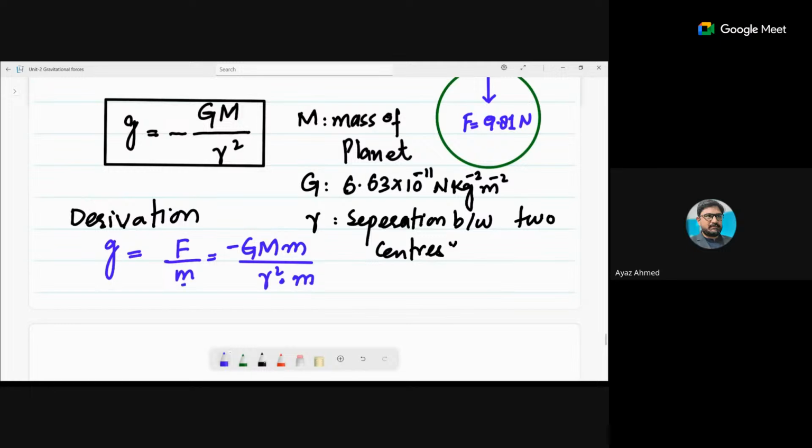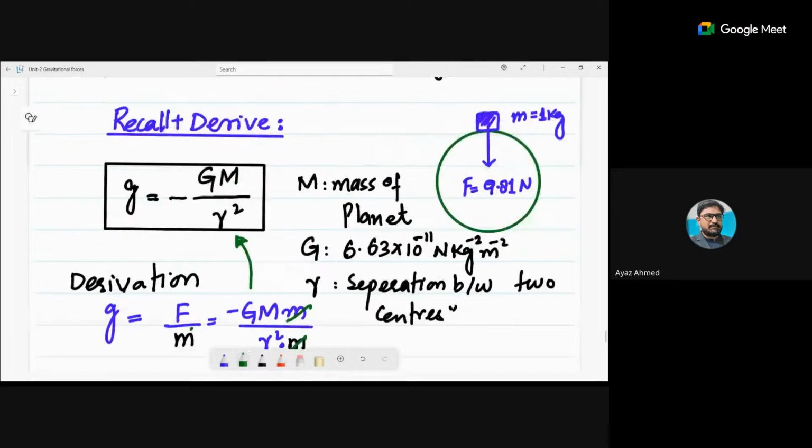I will just use the same color for these two m's, just to make sure that F is written in blue and m is in black. So m and m will be gone. So your equation is now derived in a very simple way. Check this one out. You got this result. So it's quite easy. It's not a big deal.